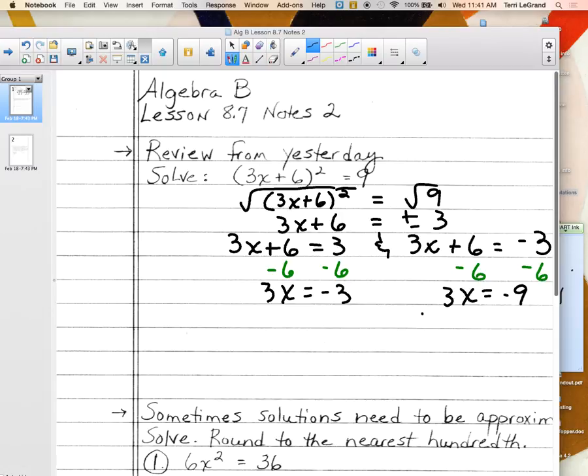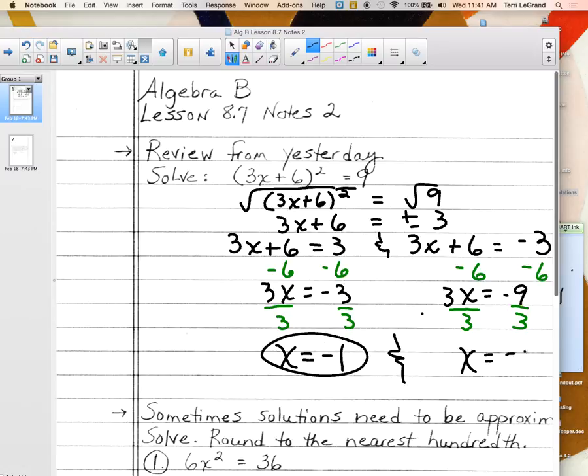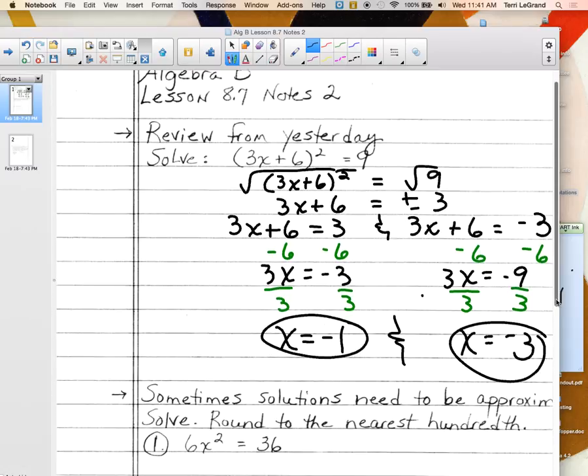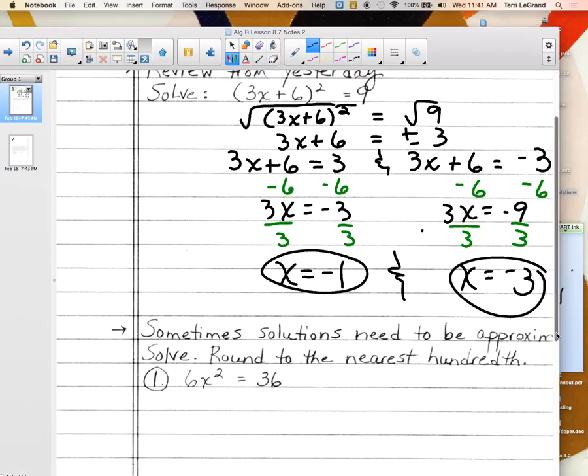That's the first thing you wrote down. You get the same solutions I do?